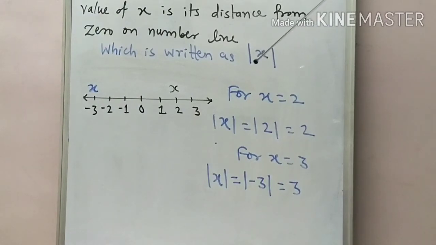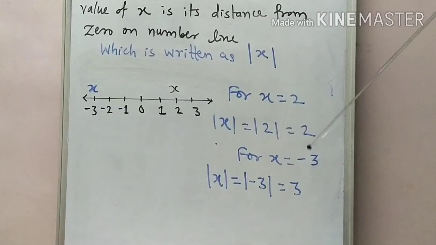Okay, so on the number line, if the value of x is positive, here as we see in that example, x equal to 2, then the absolute value of x means the absolute value of 2 is 2. But if the value of x is minus 3, then the absolute value of minus 3 is also 3.